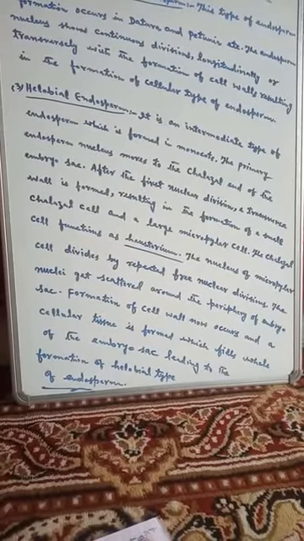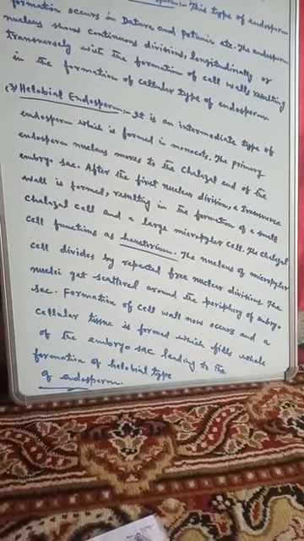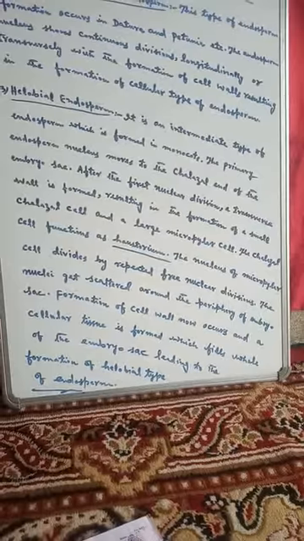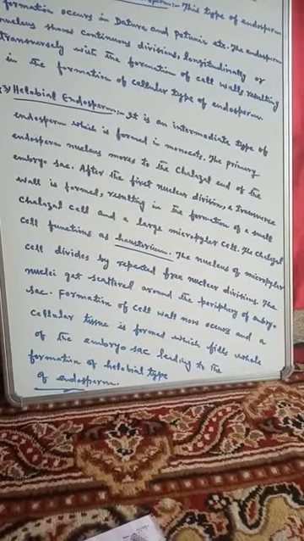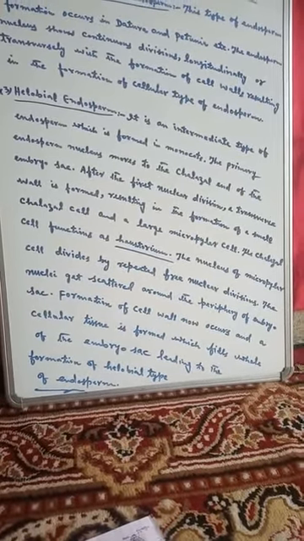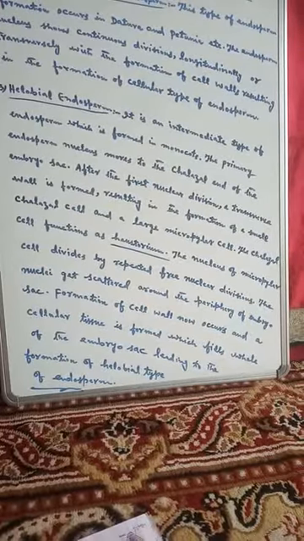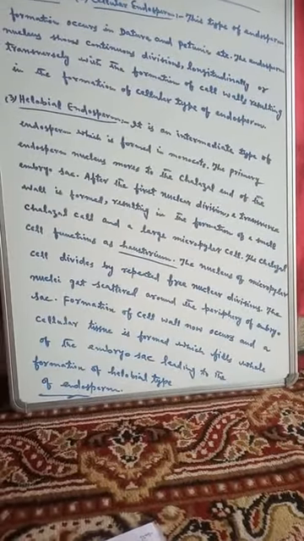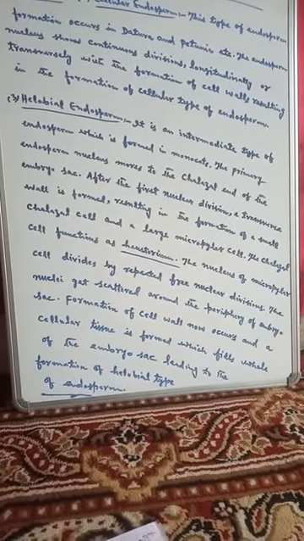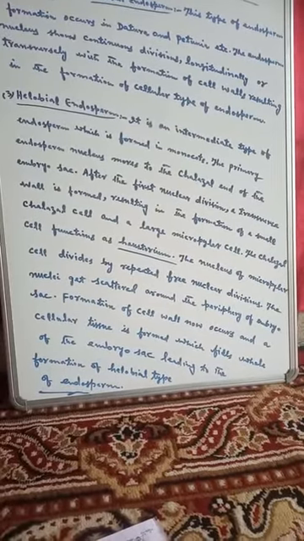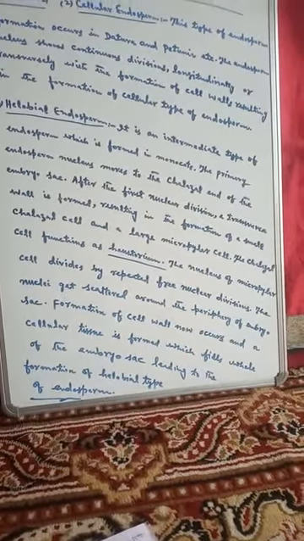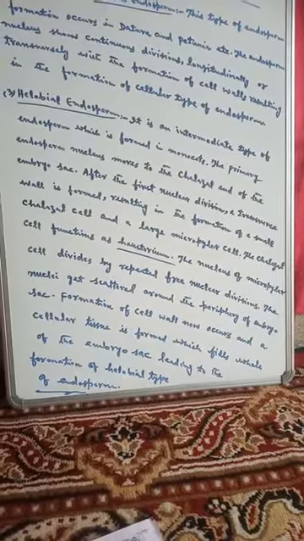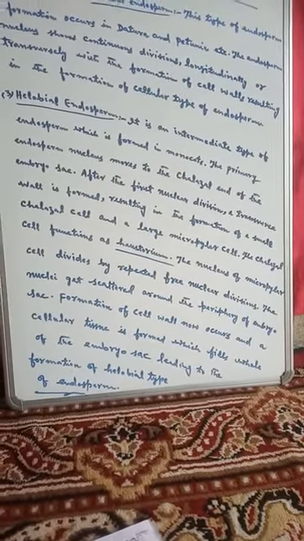The chalazal cell functions as haustorium, whereas the nucleus of the micropylar cell divides by repeated free nuclear divisions. So here you have to remember that the chalazal cell functions as haustorium, while the nucleus of the micropylar cell divides by repeated free nuclear divisions.